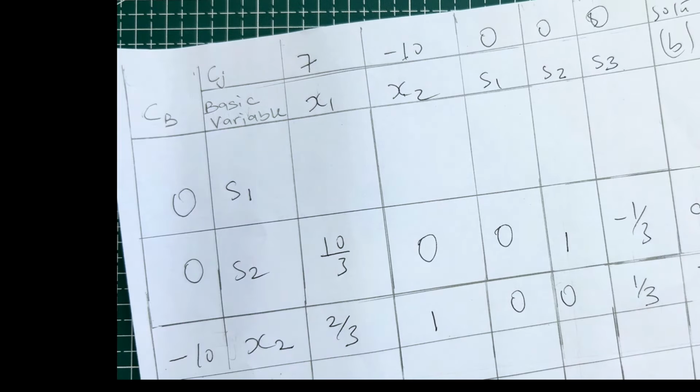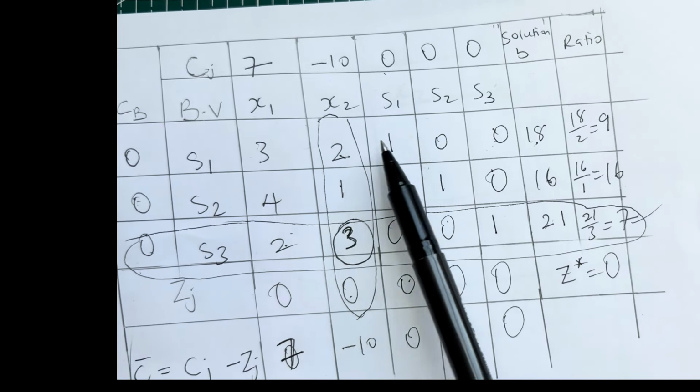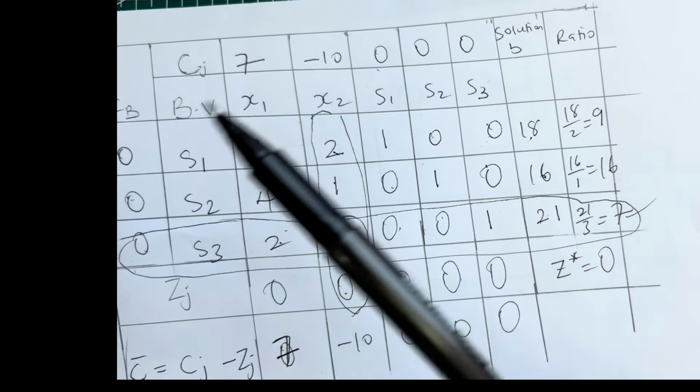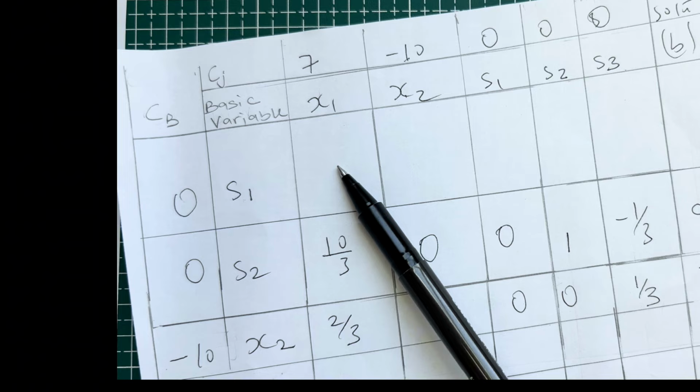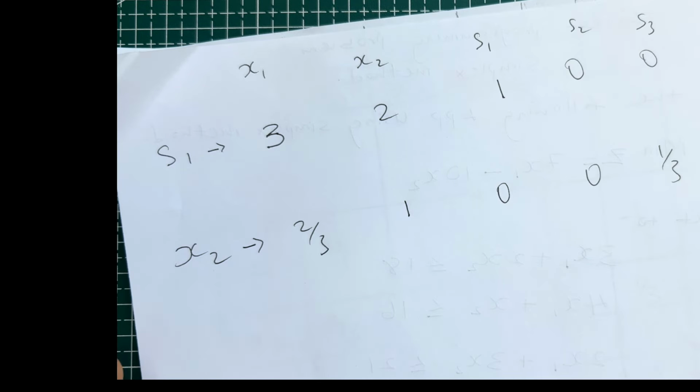So the next is to find our x1. So we do the same thing. We are going to write these numbers out and also write the former x1, which is 3, 2, 1, 0, 0, 18. We'll write them out to find our new value for x1. So I'm going to show you what I mean. So here I've written the numbers out.